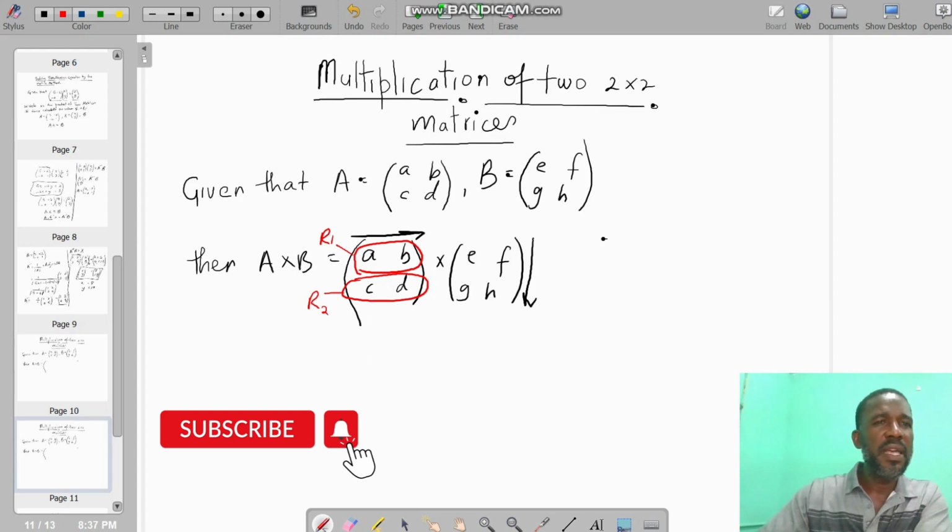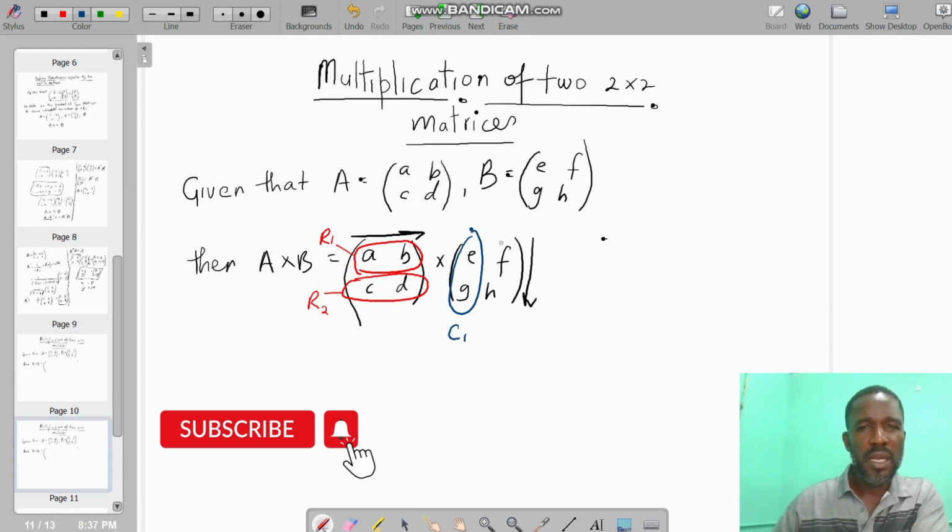Then we're going to multiply that by column 1 and column 2.